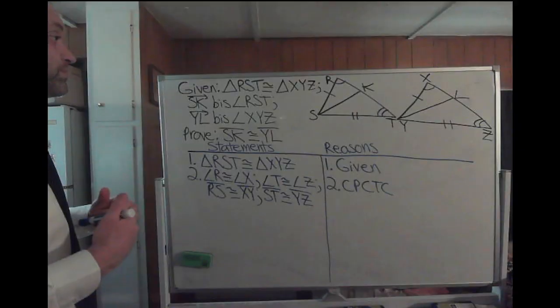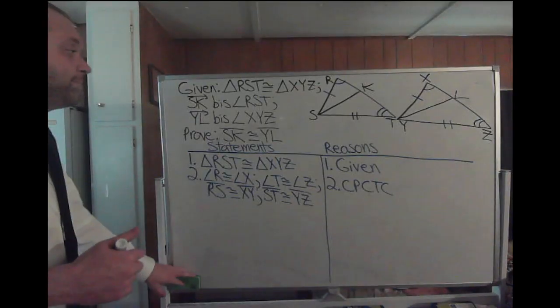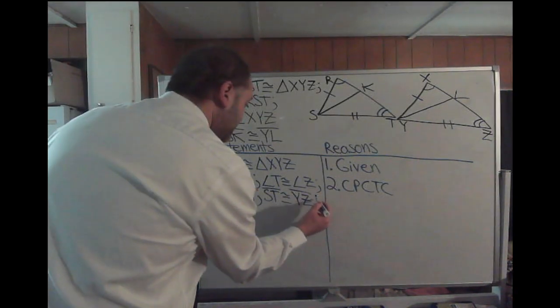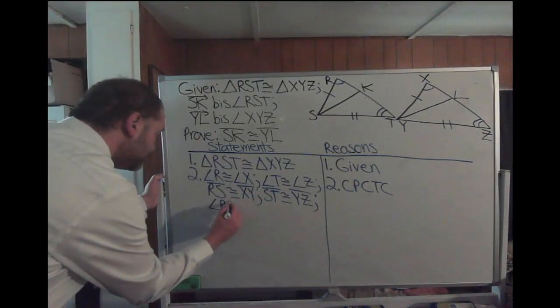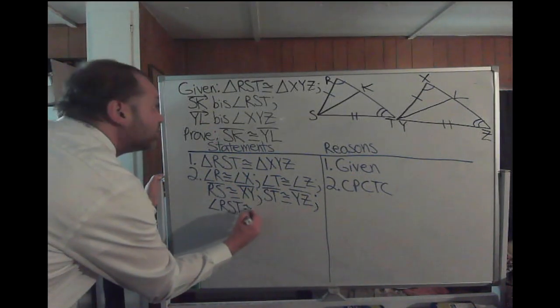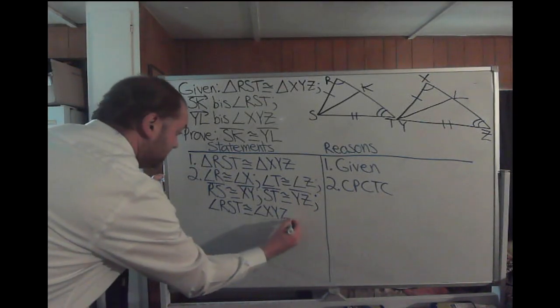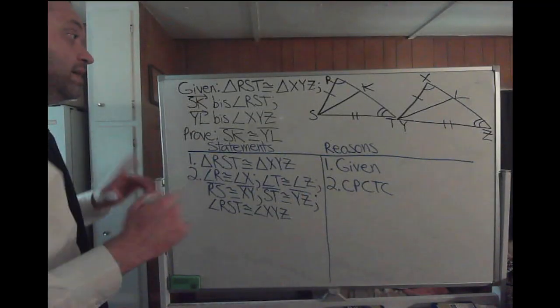So, what else can we say? There's actually something else we could say. We can say that angle RST is congruent to angle XYZ by CPCTC. This is really going to come into play in a minute.